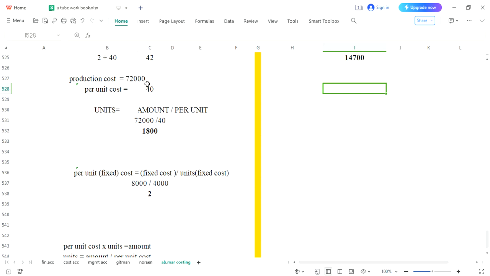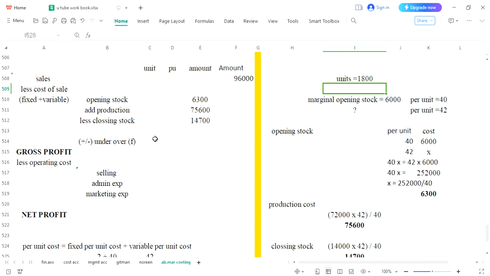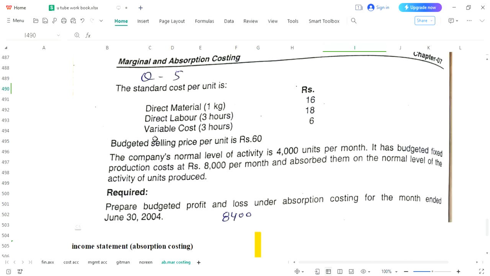In COGS, in LIFO and FIFO, you have seen how to calculate per unit cost when you divide your total amount by units. With this we have created a new formula. You need to calculate your units, so amount would be divided by per unit, with which you have calculated your number of units, 1800.